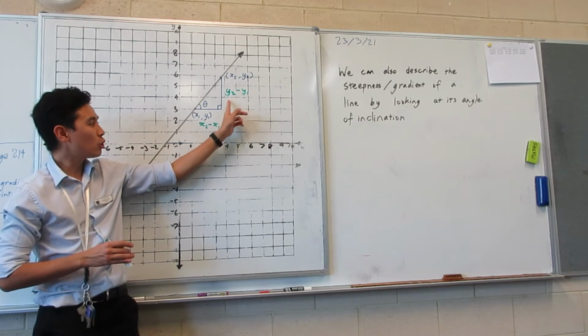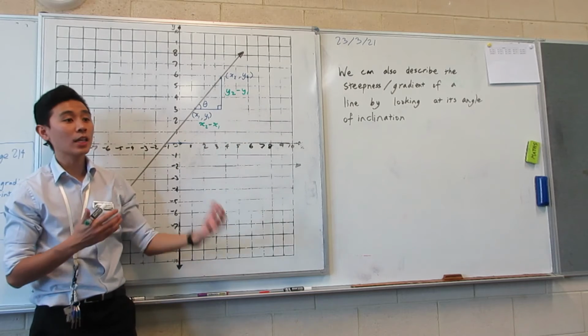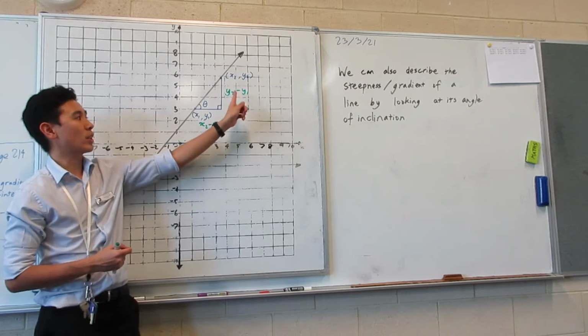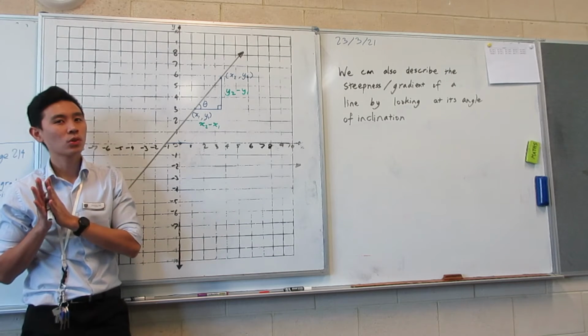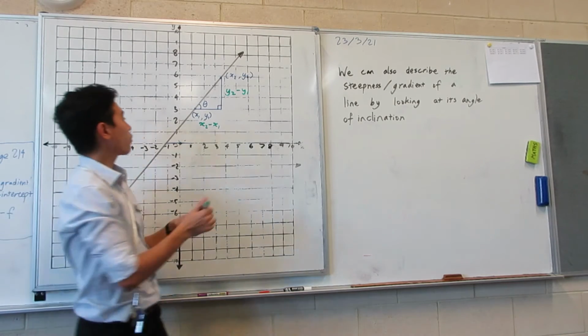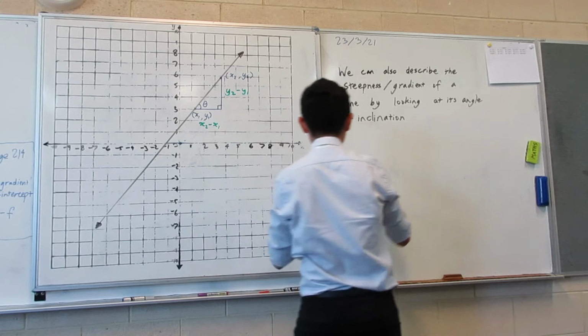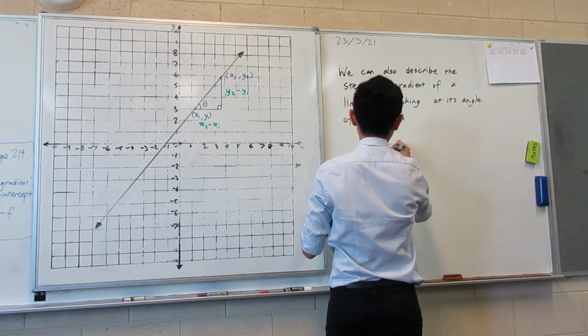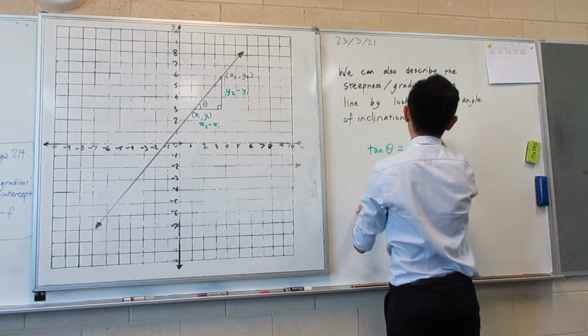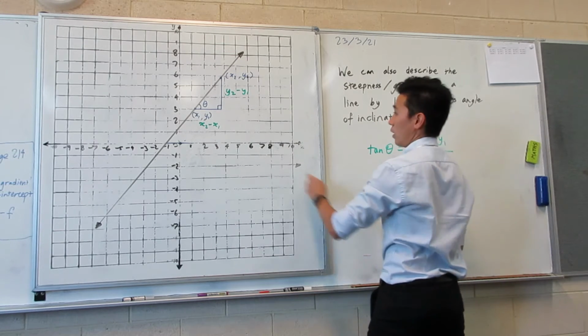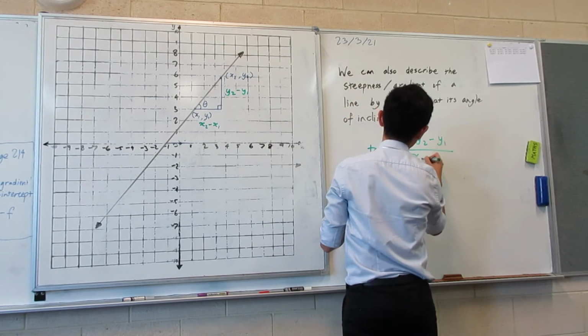Instead, if we just use these two sides, can we find a relationship using our trigonometry between this side and this side? What relationship can we use? Tan. So what we've got is that tan of theta has to equal the opposite side, which is y2 take away y1, over the adjacent side, which is x2 take away x1.